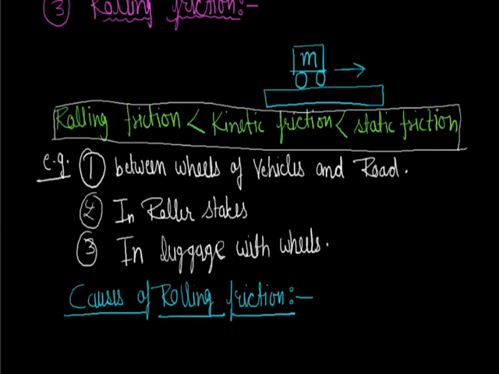Like suppose it is any ball which moves on road. So here deformation is formed like this, and due to this deformation one inclined plane is formed on this surface.